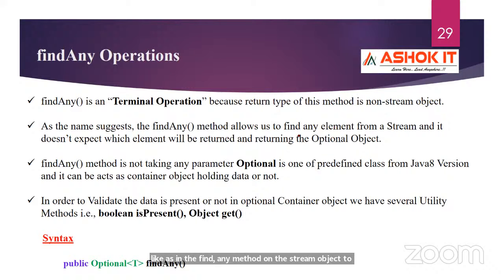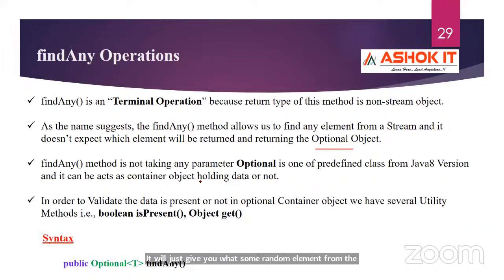You do not bother about which element it returns from the collection or stream. Its return type is Optional. findAny does not take any parameter. It will just give you some random element from the stream.